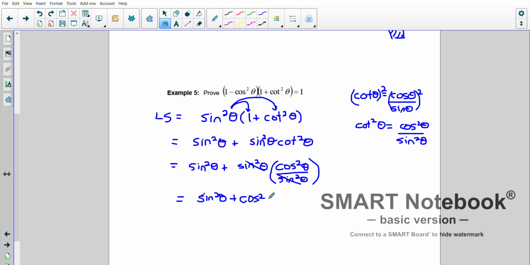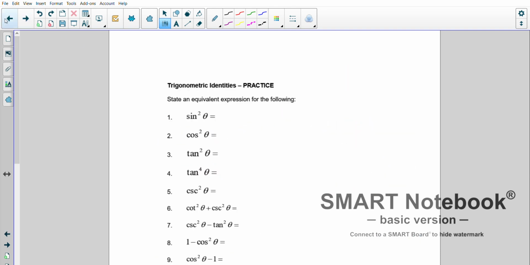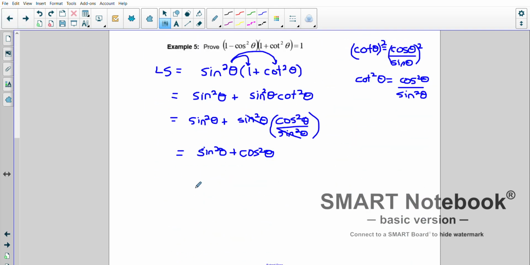And as we know, or will know once you've memorized all these identities, sine squared theta plus cos squared theta equals 1. So therefore the left side equals the right side.